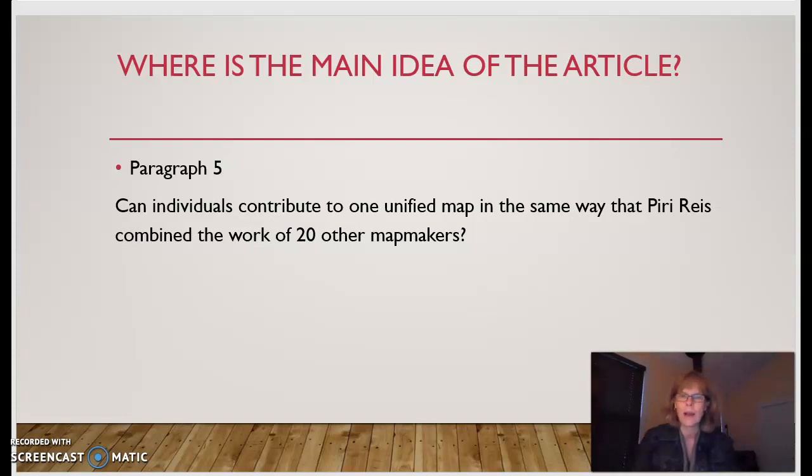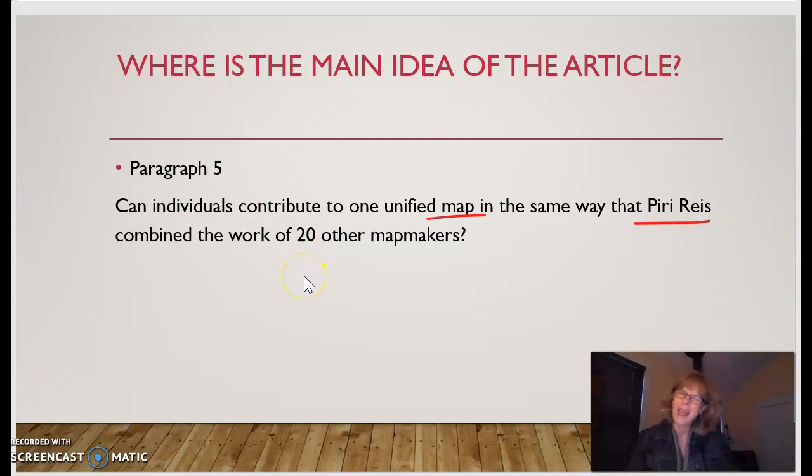It asks this question: can individuals contribute to one unified map in the same way that Perry Rees combined the work of 20 other map makers?